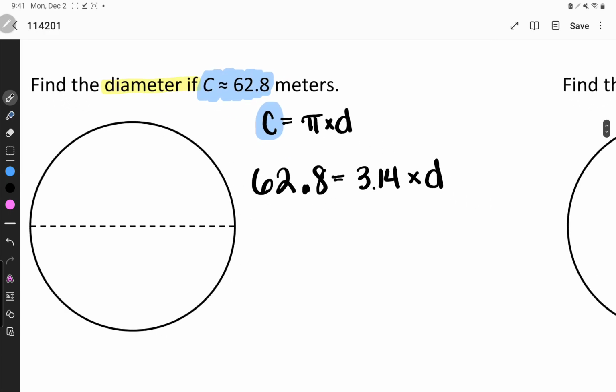Well, this right here is an equation. And the operation that we have is multiplication. So how do we get rid of multiplication? We divide. So we would divide both of these sides by 3.14.